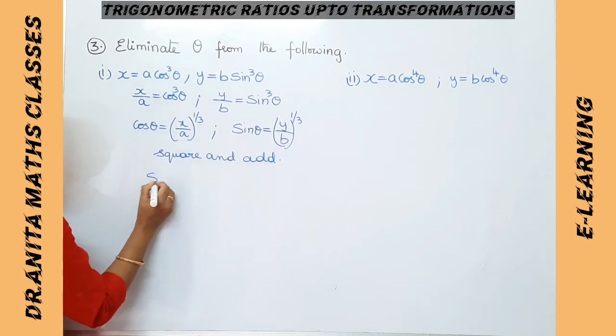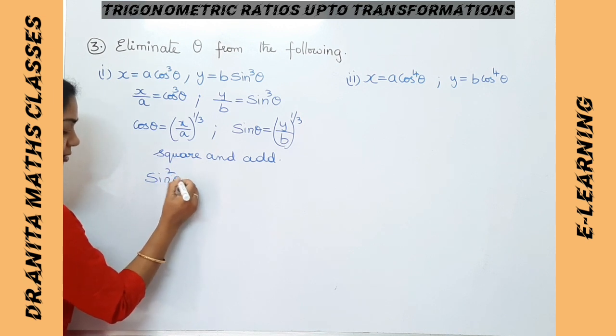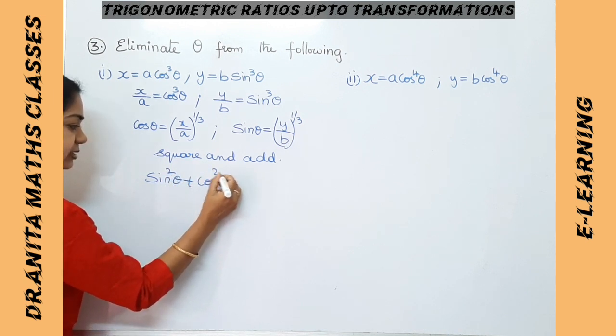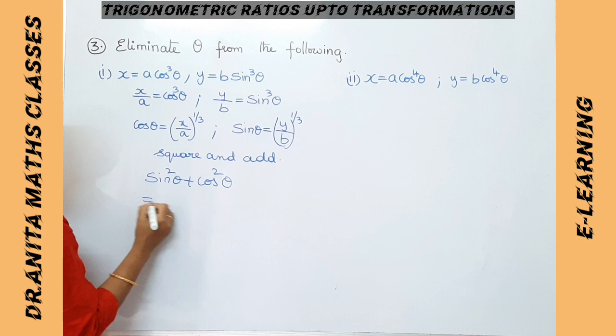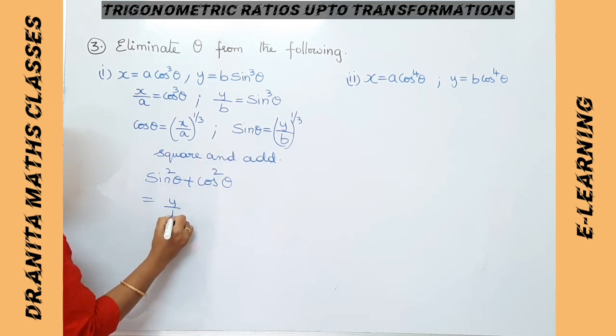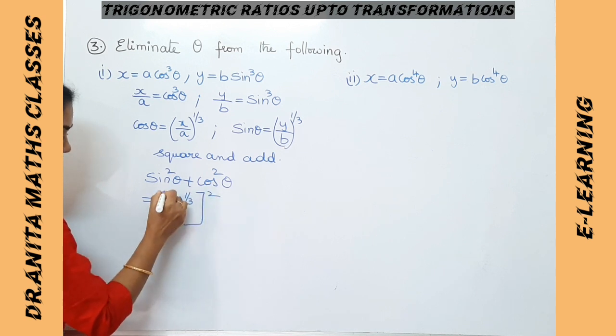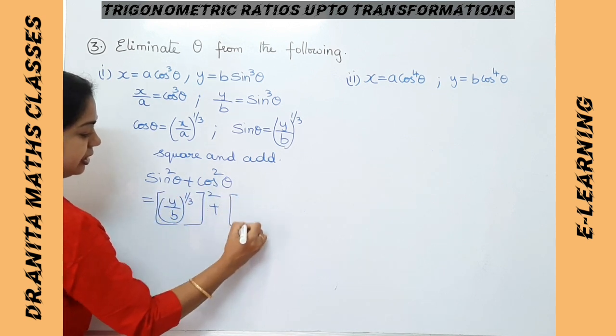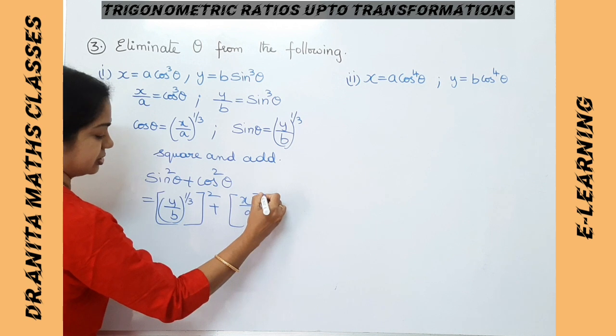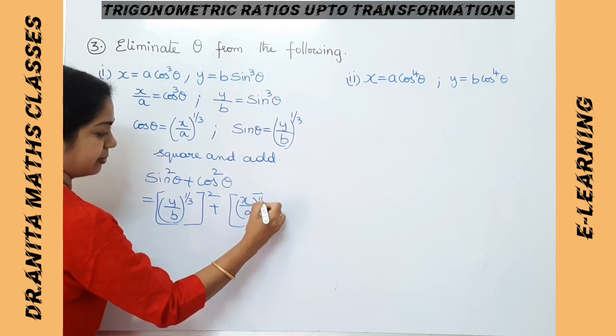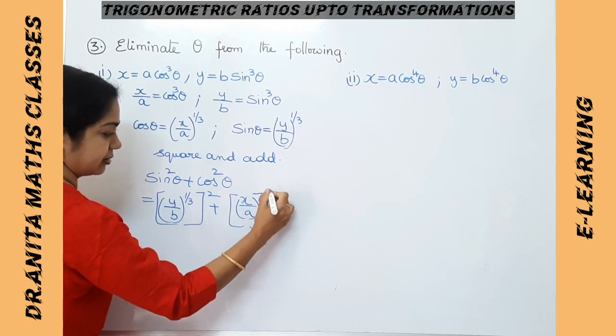So that means sin square theta plus cos square theta, right? I'll square and add. Sin square is y by b raised to the power of 1 by 3, squared, plus x by a raised to the power of 1 by 3, squared.